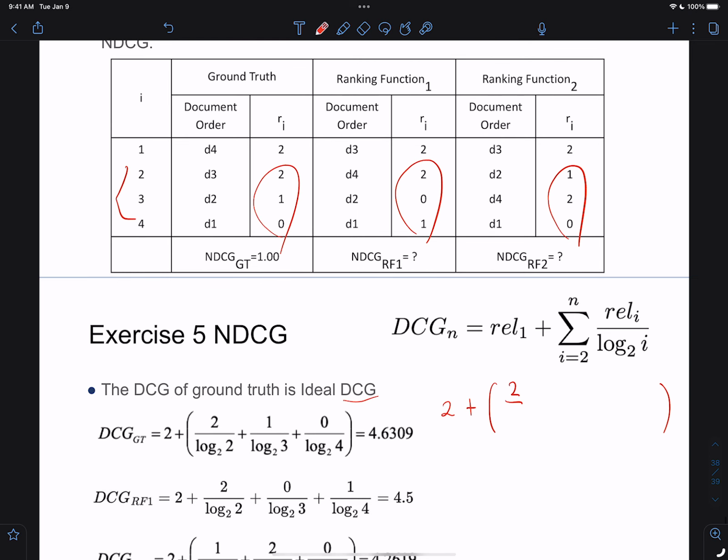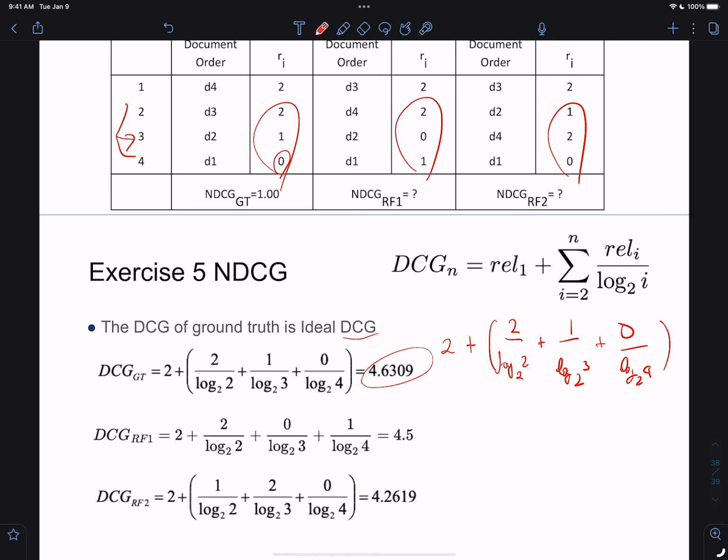So here you have 2 over log base 2 of 2, plus 1 over log base 2 of 3, because we're at position 3, and then plus 0 over log base 2 of 4, because the value is 0.